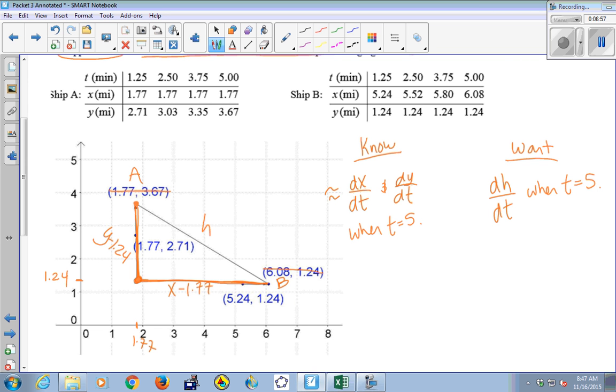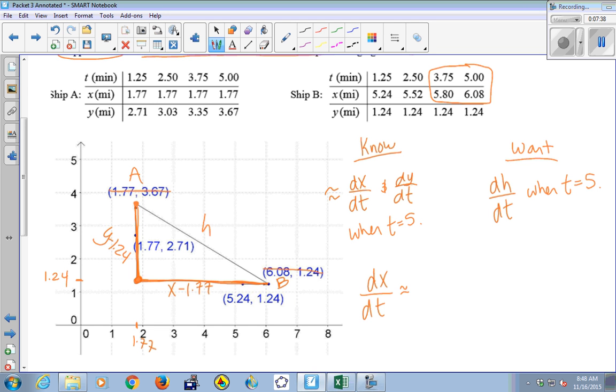So if I look at dx dt, x is the location of ship B, right? That's what's changing there. So here's ship B, and I want dx dt when t equals 5. This is the best information I have regarding ship B around time t equals 5. So let's approximate dx dt using a difference quotient. dx dt is just shorthand for a really small change in x over a really small change in t.